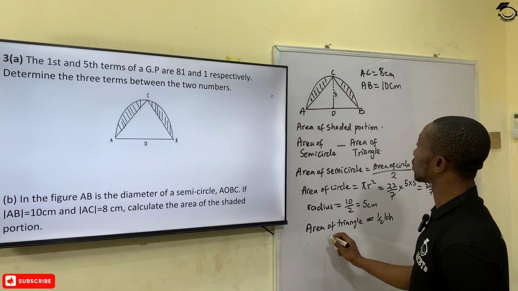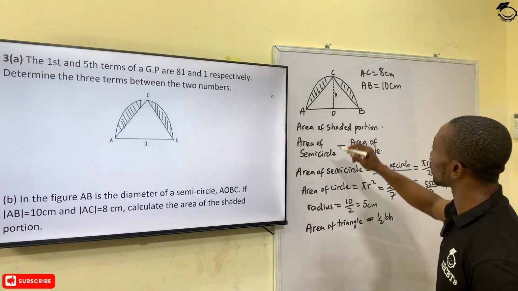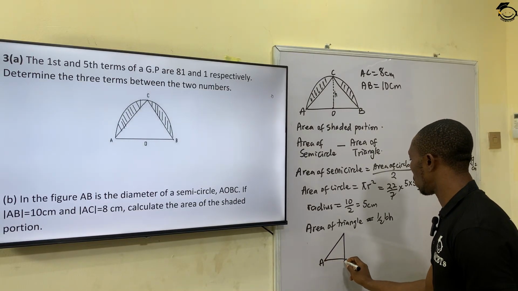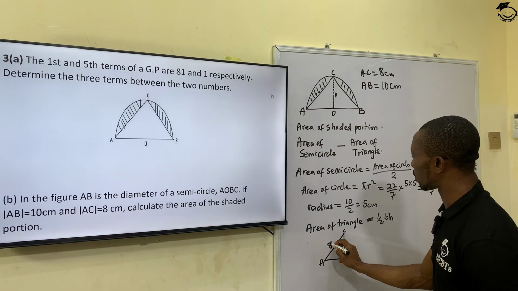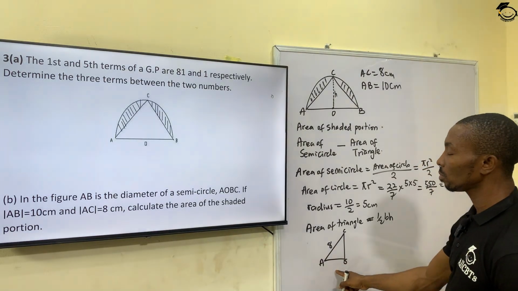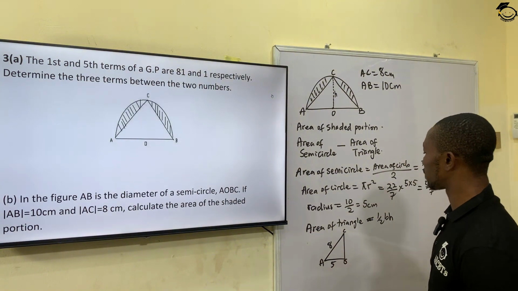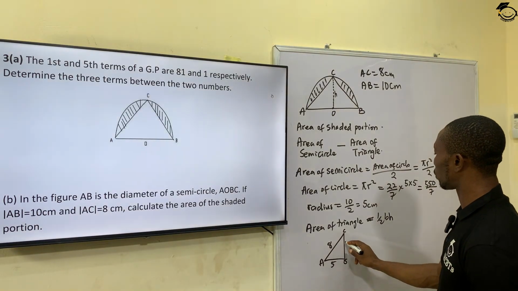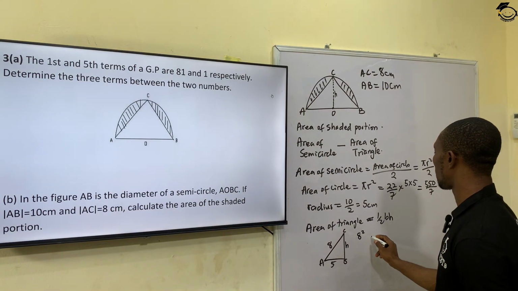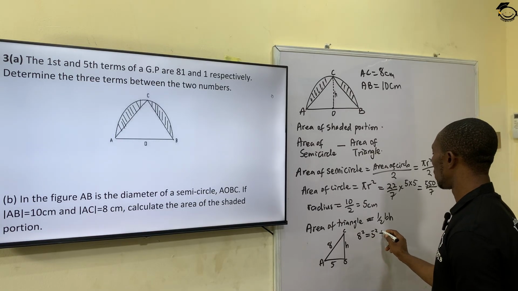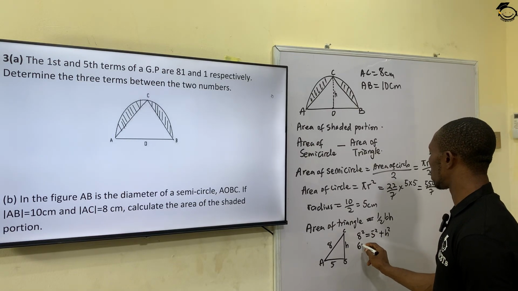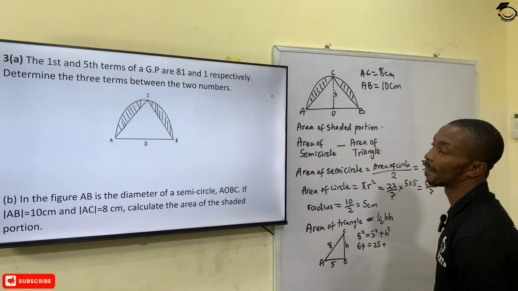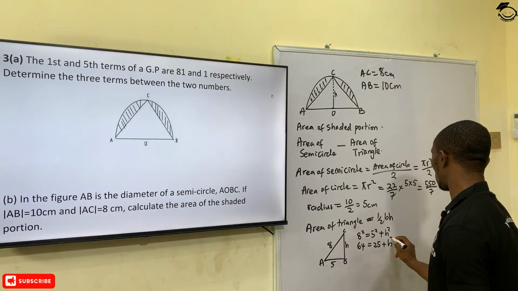So using Pythagoras theorem, we are told that our AC is 8 centimeters and our AO is 5 centimeters. Now, using Pythagoras theorem, we are going to find our h. This becomes 8 squared equals 5 squared plus h squared. This is 64 equals 25 plus h squared.